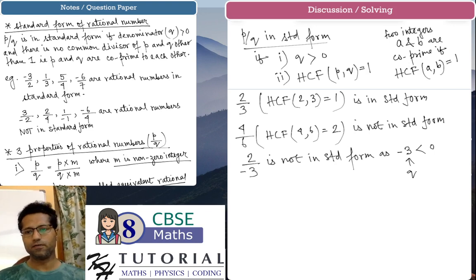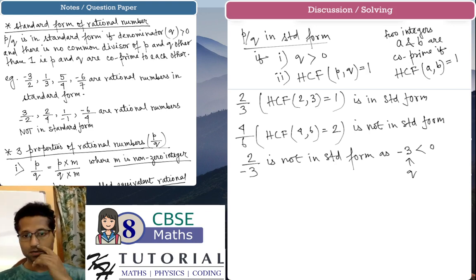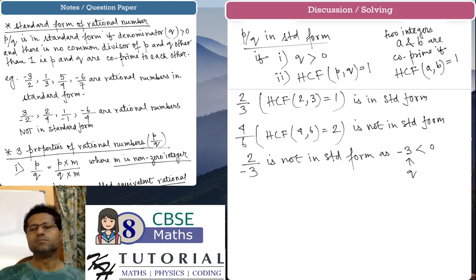So how do you convert a rational number which is not in standard form to standard form? So 2 by minus 3 is not in standard form. How will I convert this to standard form?